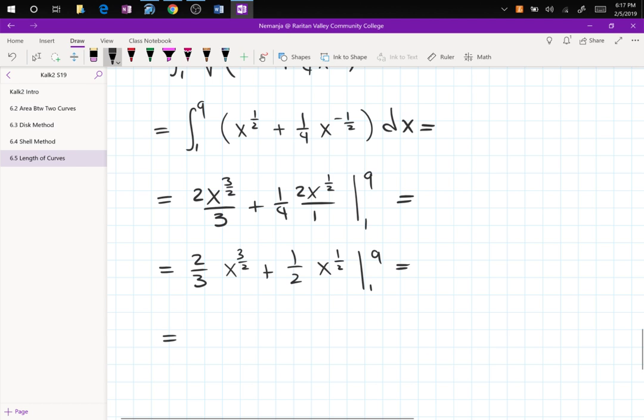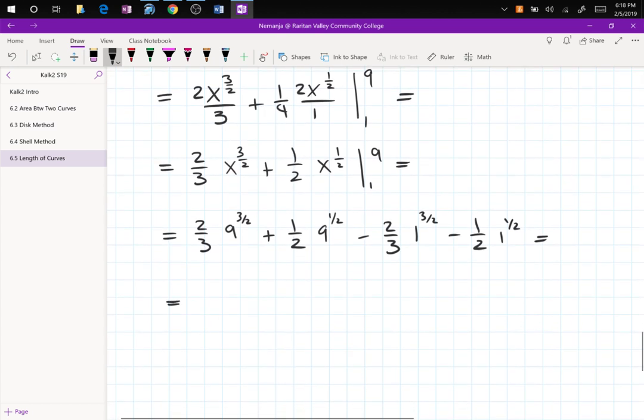Perfect. These are all easy values now. We have 2/3 9 to 3/2 plus 1/2 9 to 1/2 minus 2/3 1 to 3/2 minus 1/2 1 to 1/2. Half means the square root, so we have 2/3. Square root of 9 is 3, so that's 27 over there, because 3 cubed is 27, plus 1/2, square root of 9 is 3, minus 2/3 and minus 1/2.